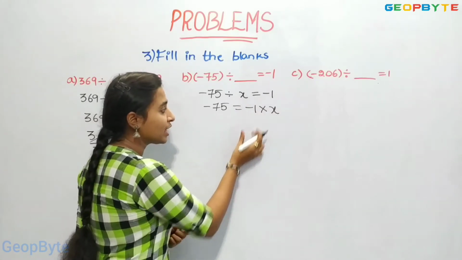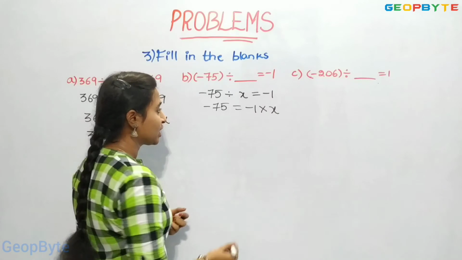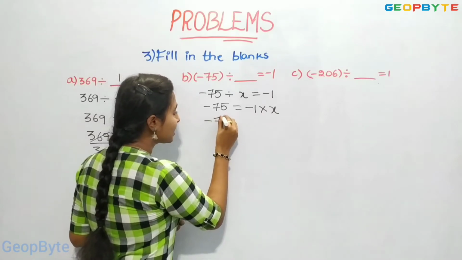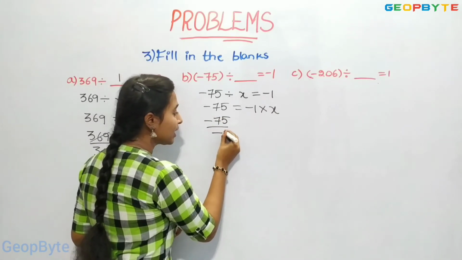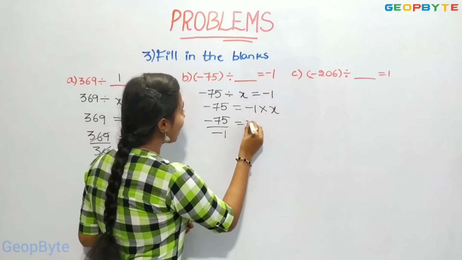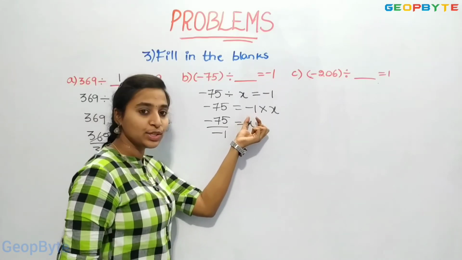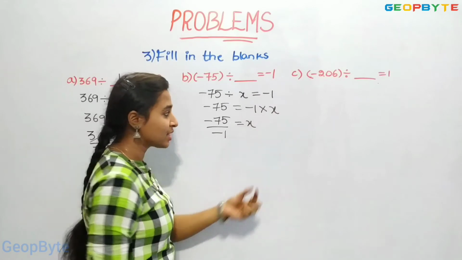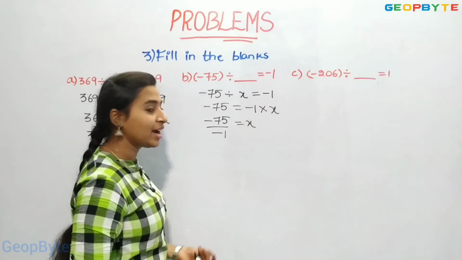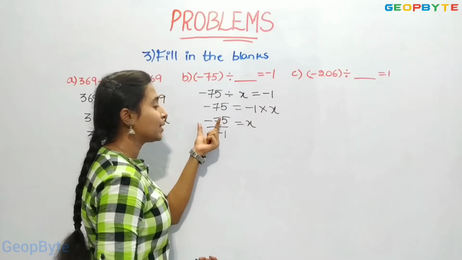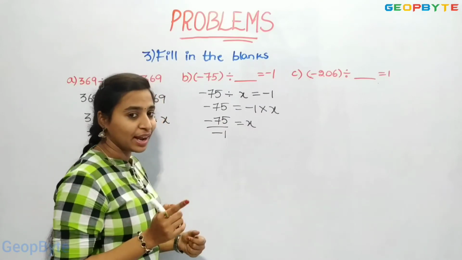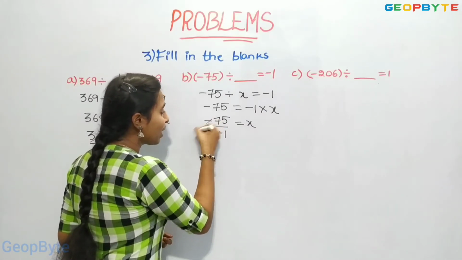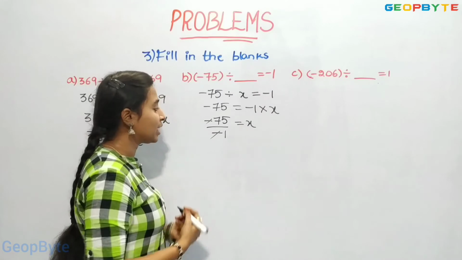So, this minus 1 comes to the LHS, that is minus 75 by minus 1 is equal to x. As this minus 1 is in product with x, when it comes to the left hand side, it gets divided by the number minus 75. Now, we have two minus signs in the numerator and denominator.